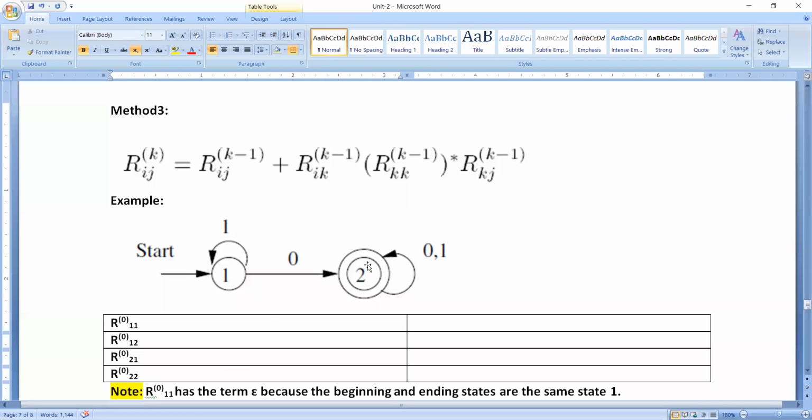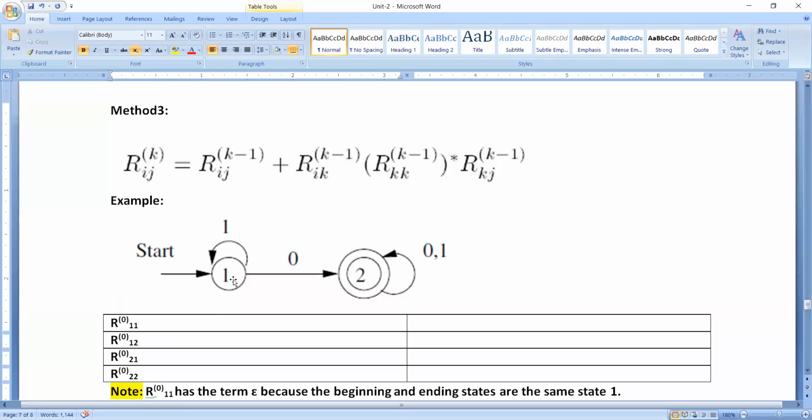Understood? Now as I have only 2 states, I am going to get only 4 combinations. If you have 3 states, in that case you are going to get more than 4 combinations.